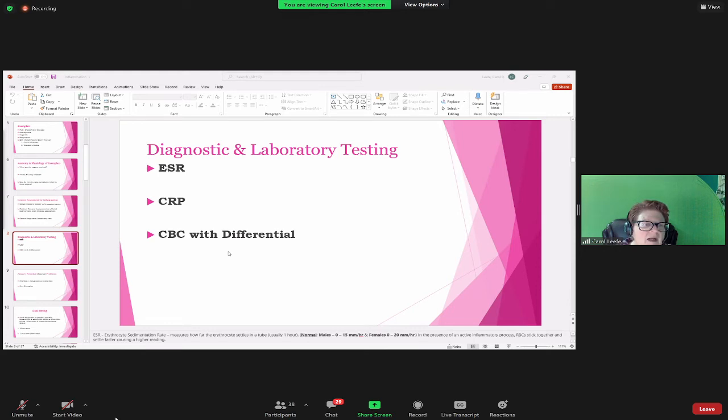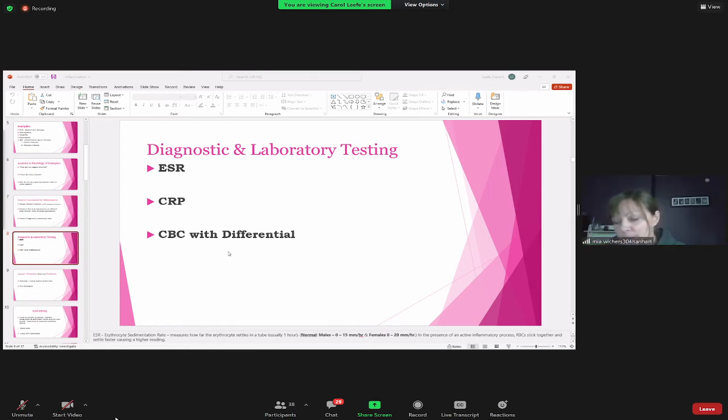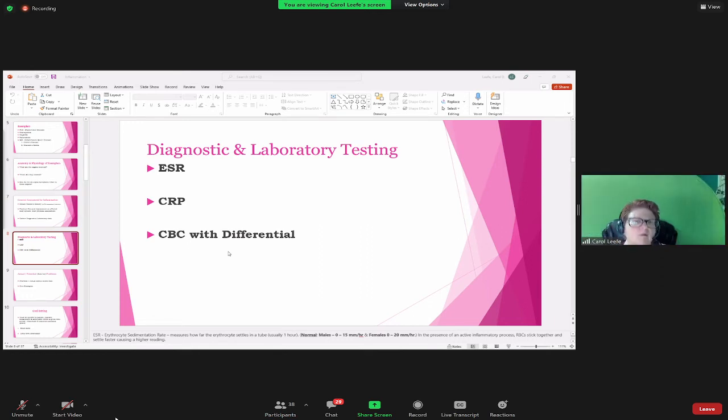Say your patient's anemic and has a hemoglobin of 9.5. What would you expect the hematocrit to be? 27 or 28, somewhere in there.